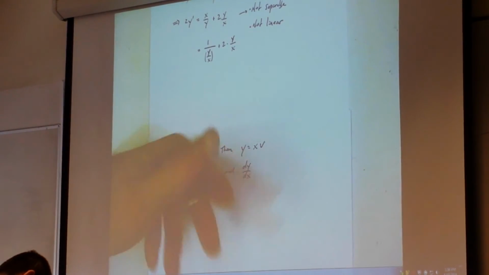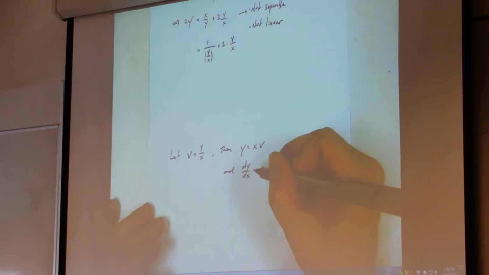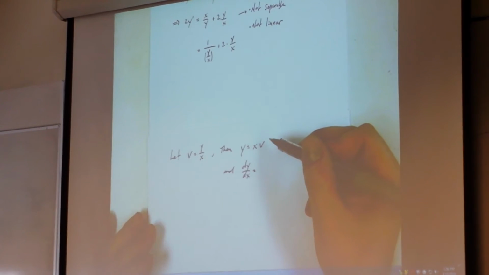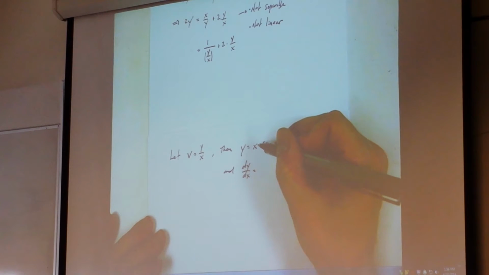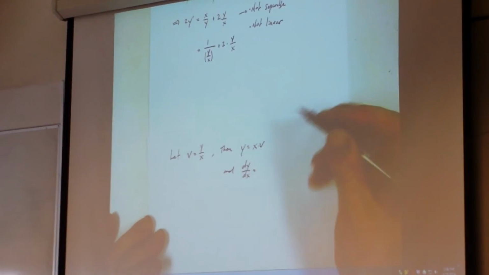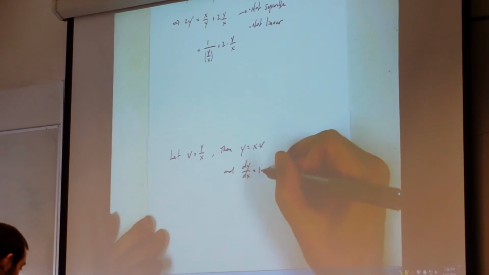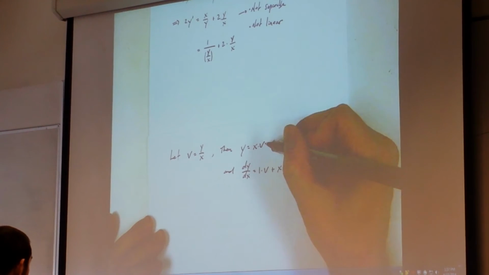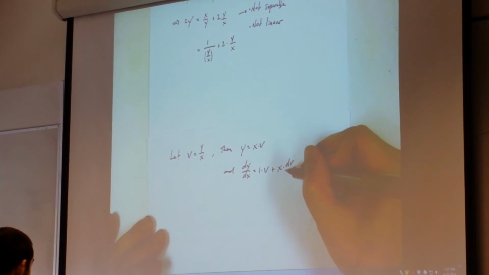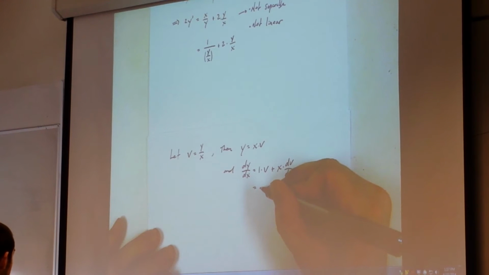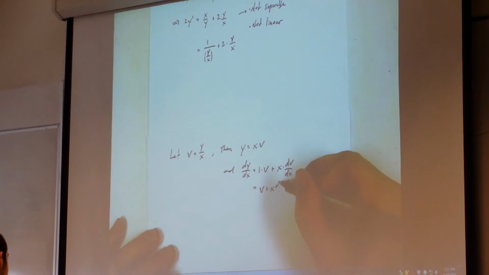So I want to know what dy dx is in terms of x and v. If I go through the product rule, it would be derivative of the first times the second, and derivative of x with respect to x is just 1. So I get 1 times v plus the first times the derivative of the second, and that's dv dx. Okay? So I could write the derivative of y as v plus x dv dx.